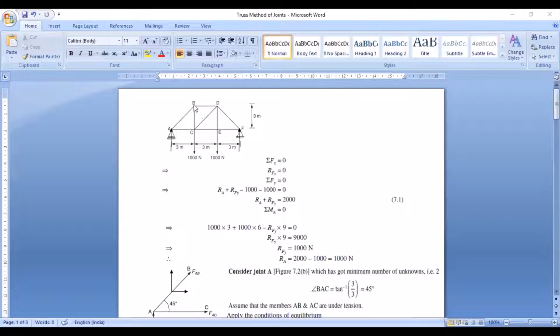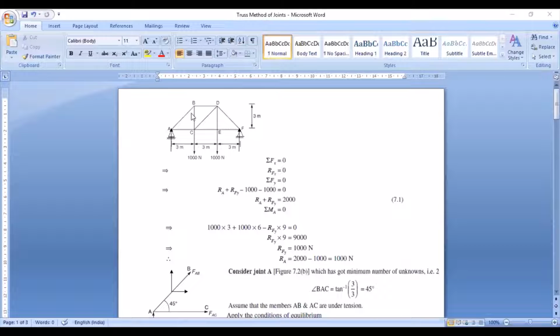So three member forces are there. Now, for these three member forces, one member is known to me, that is BA. BA is known to me. Okay. So BD and BC are unknown. So only two unknowns. I can take up the joint.